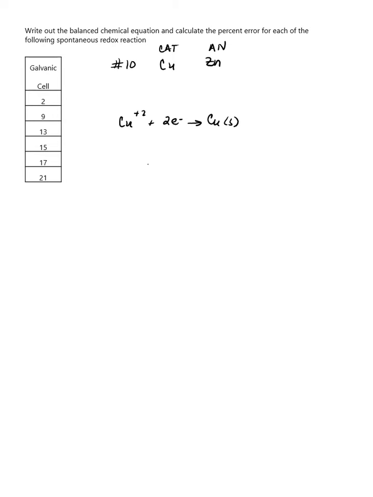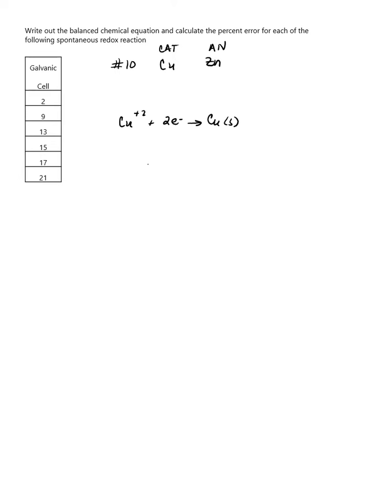I'm writing exactly the same equation that you have in the table for copper plus 2 being reduced to copper 0. Copper plus 2 is gaining 2 electrons. That's what reduction means, gaining electrons to become copper 0. Remember, you have two positive charges. Copper plus 2 with 2 positive charges is gaining 2 electrons.